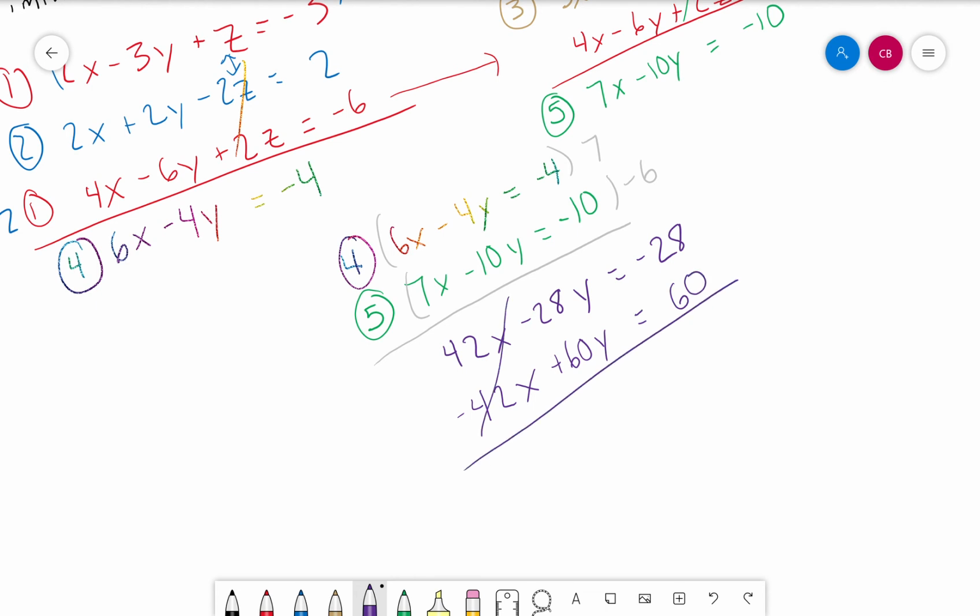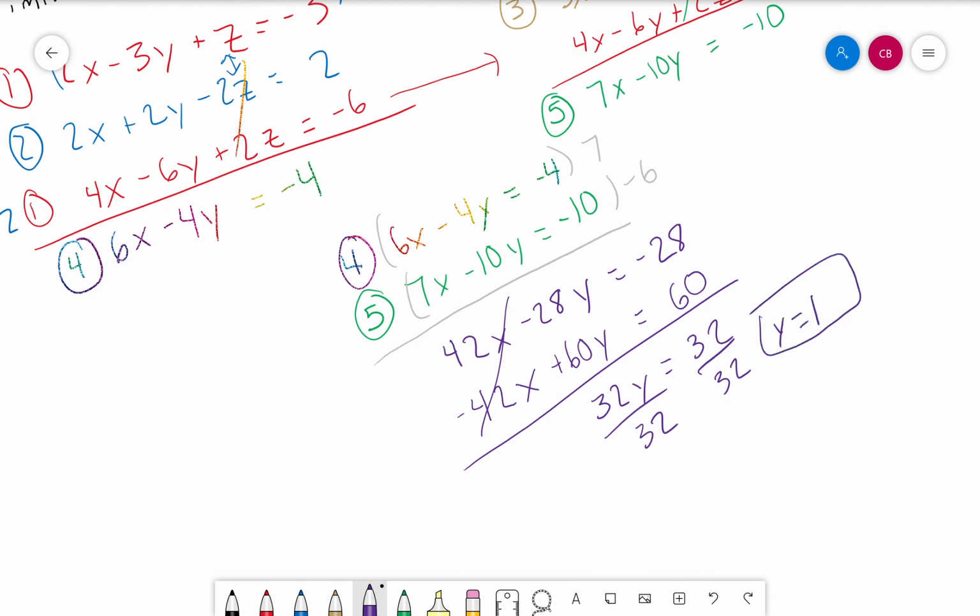The x's cancel. 28 and 60. So this is going to be 60 minus 28, which is 32. 32y is equal to 32. Divide by 32. y equals 1.